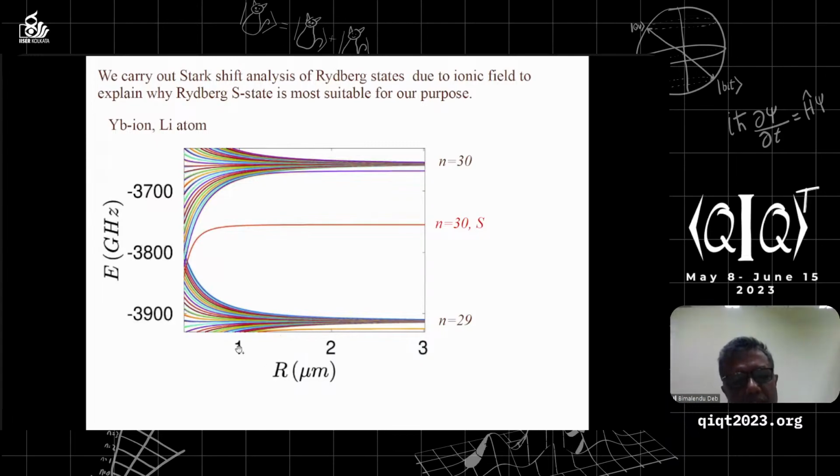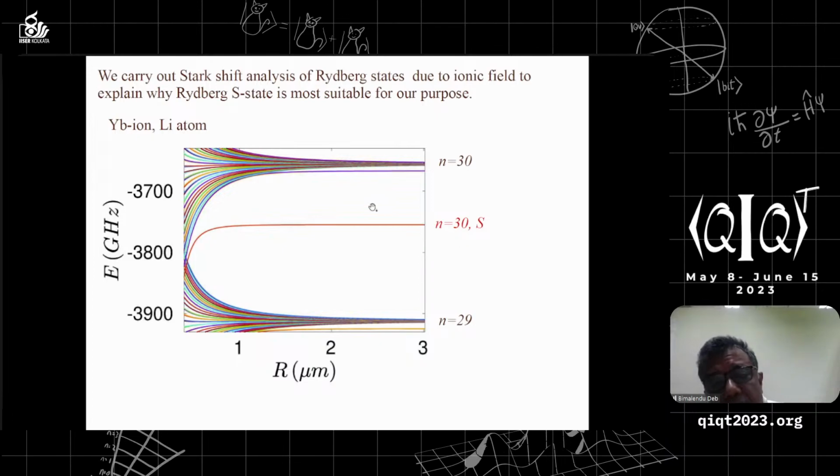So here at 1 micron, the situation is messy because you have several, but this is the P state and this is the S state, and this S state at long separation goes like 1 by r to the power 4. So it matches with the standard long range atom ion potential, which is C4 by r to the power 4. And this is only for the S state.